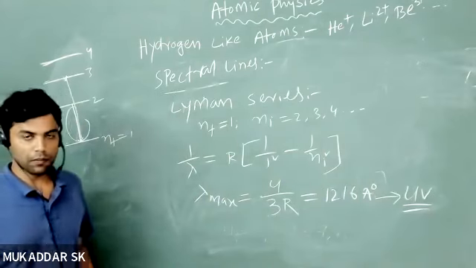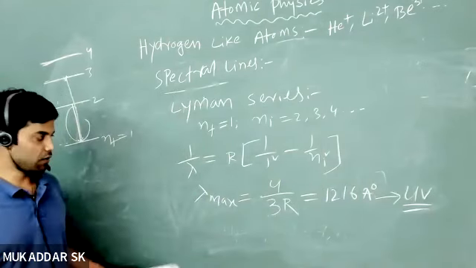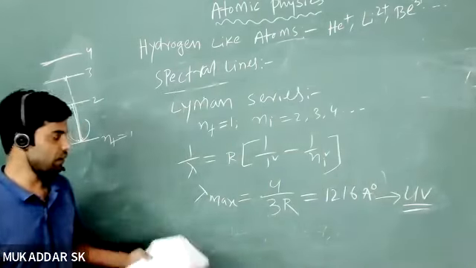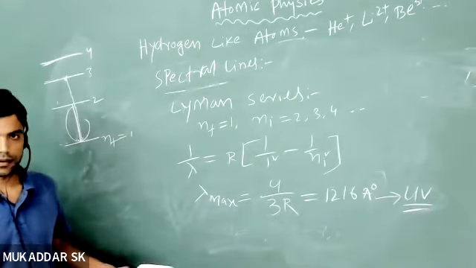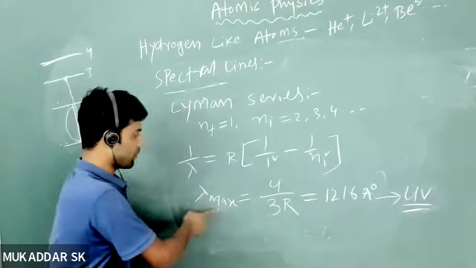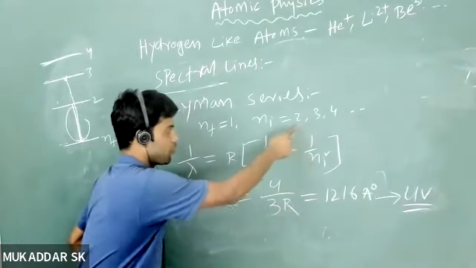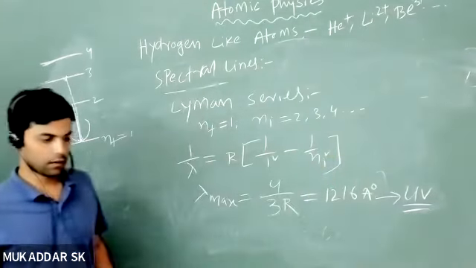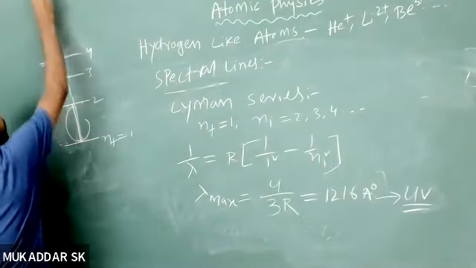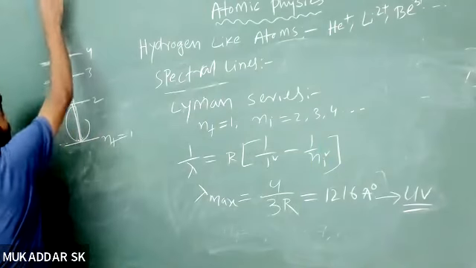Now, what about the minimum wavelength of the Lyman series? Anyone? When will be the minimum wavelength? So this is the maximum wavelength when Ni is 2. Now, if you take Ni as infinity, it means the electron is coming from here to here.